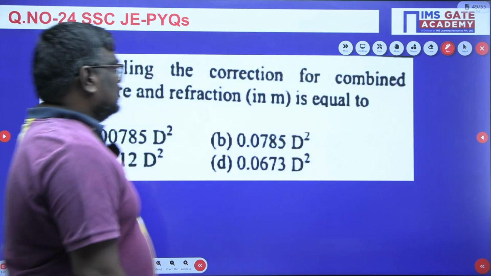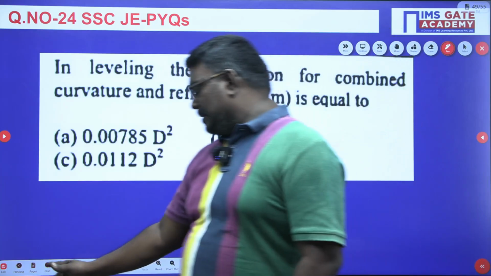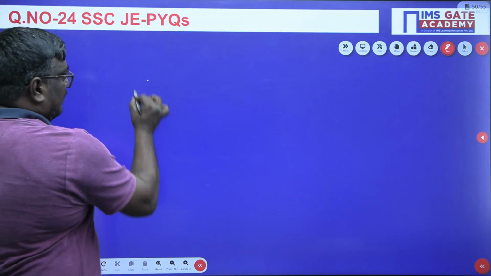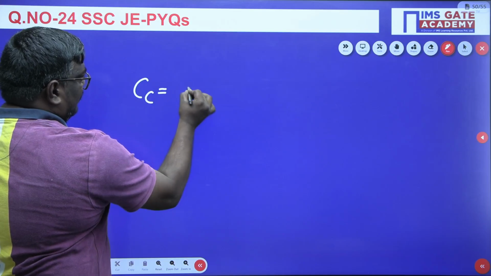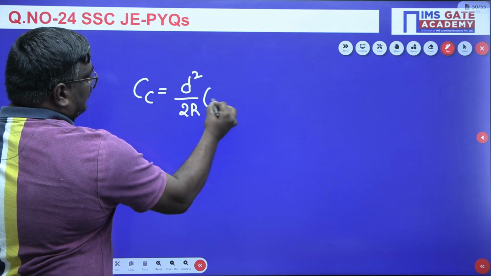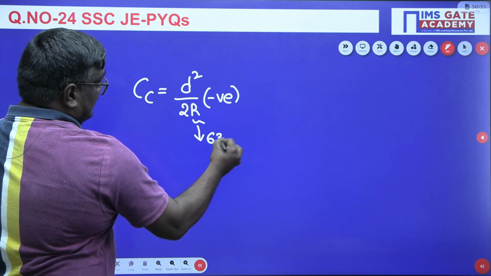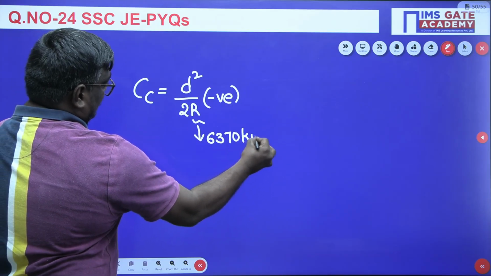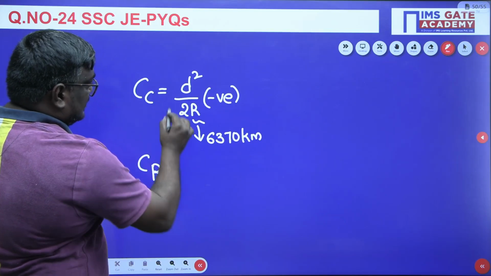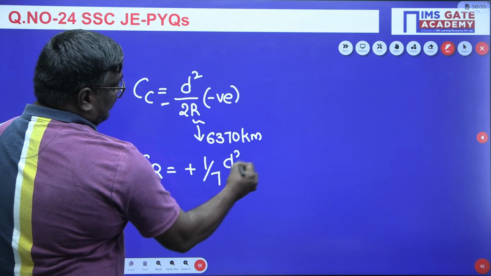Now my dear students, in leveling, the correction for combined curvature and refraction will be. See here, the correction for curvature is given by the formula d square upon 2r, and it is always negative. And you know what r is? R is the radius of the earth, which is 6370 kilometers. The correction for refraction is positive, that is 1 by 7 d square by 2r.